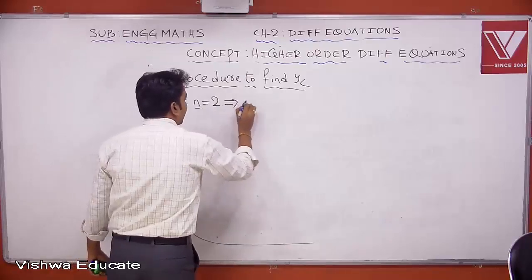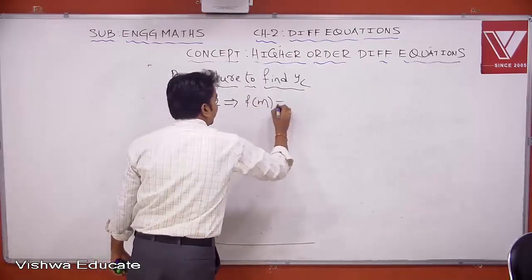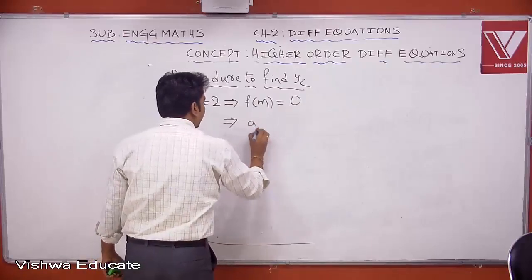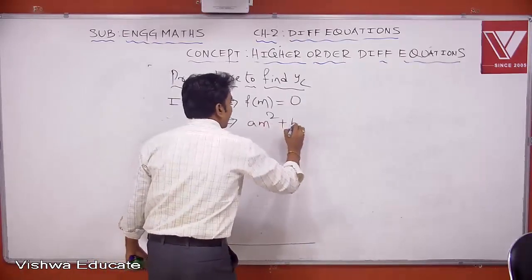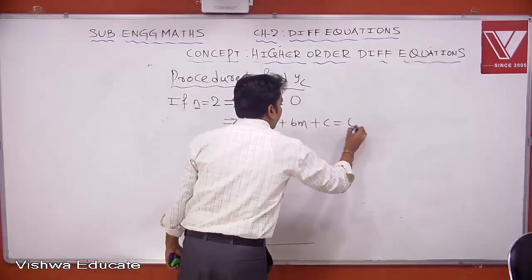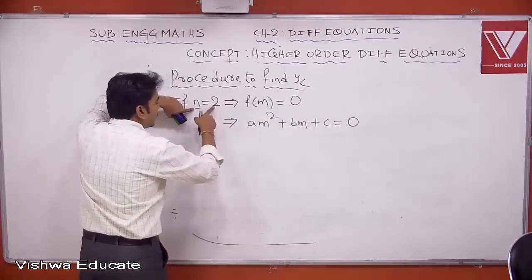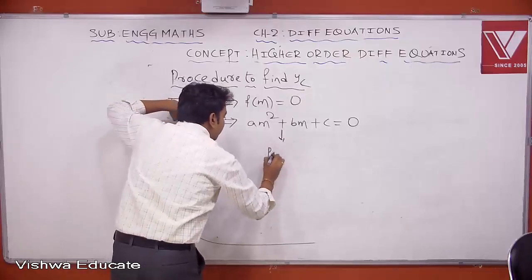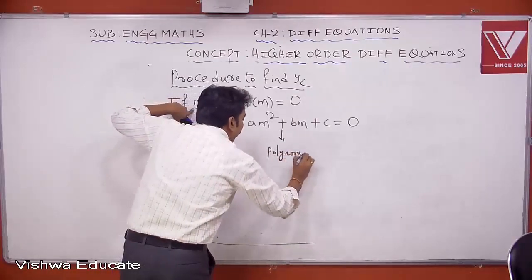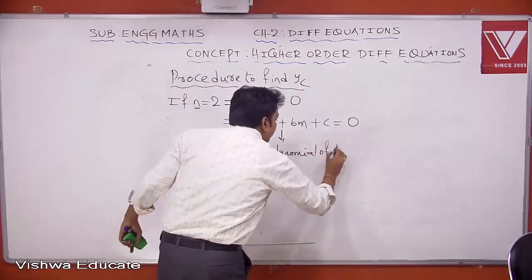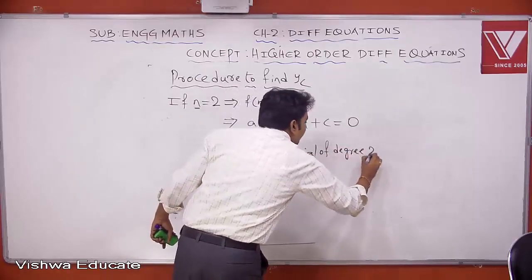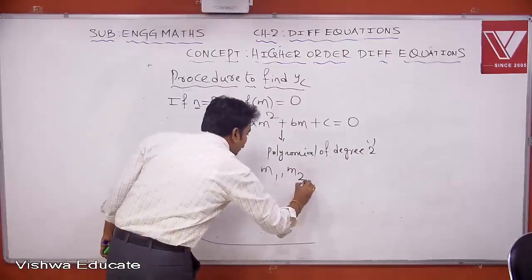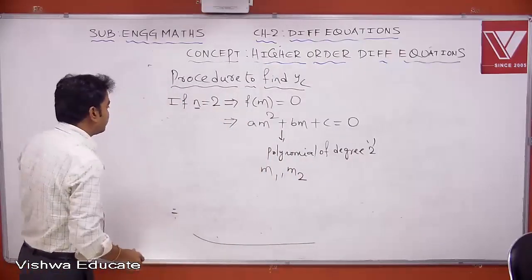So the auxiliary equation f of m equal to 0 will be in this form, for example, am square plus bm plus c equal to 0. Because the order of the equation is 2, its auxiliary equation is a polynomial of degree 2. Since it is a polynomial of degree 2, it has exactly 2 roots. We call those roots m1 comma m2.